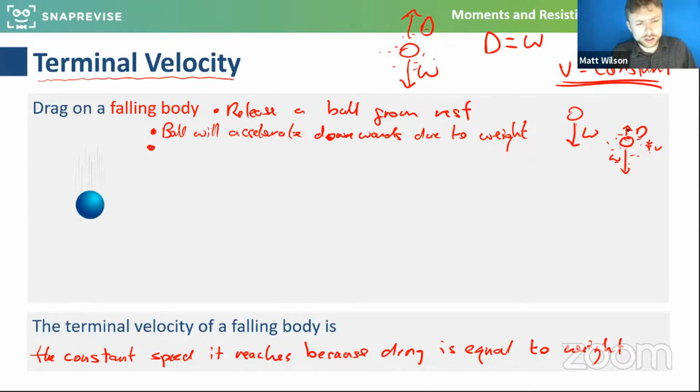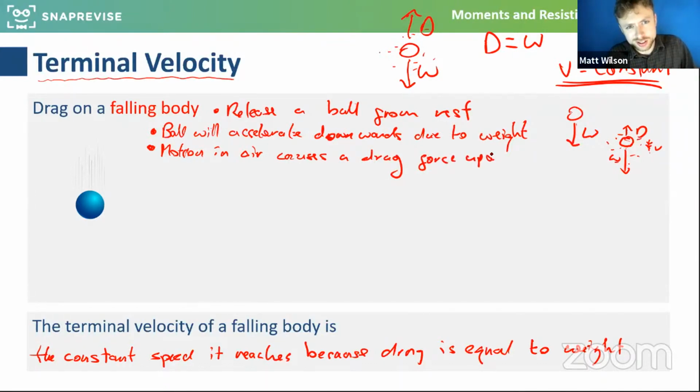So motion in air causes a drag force upwards. So now we've got a little drag force upwards.